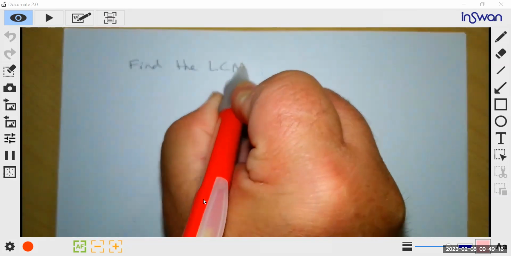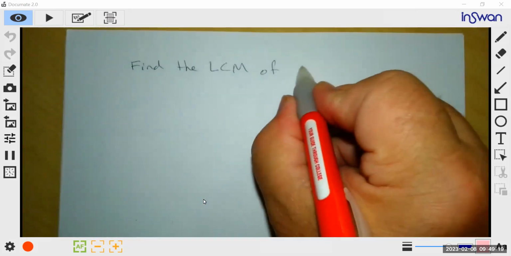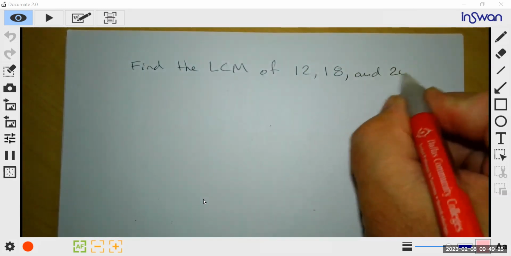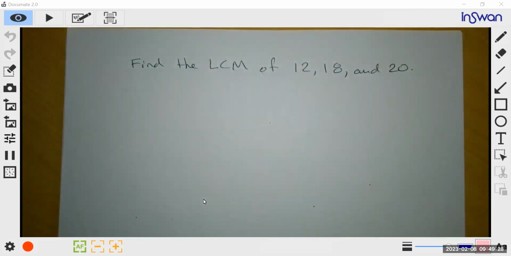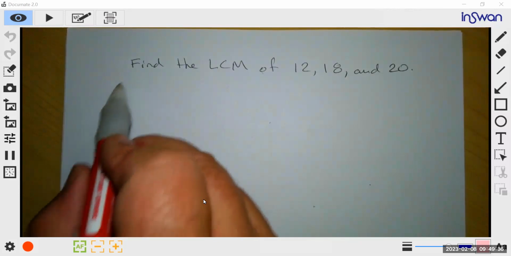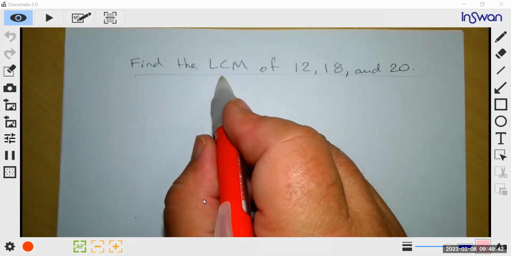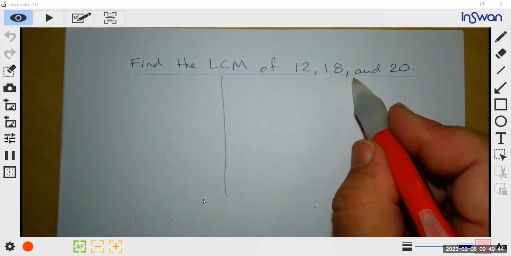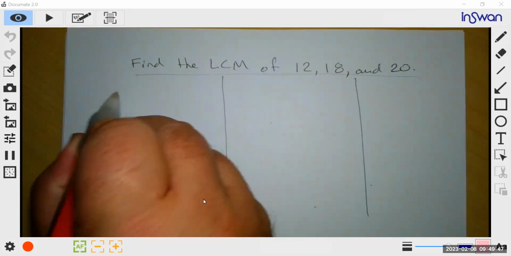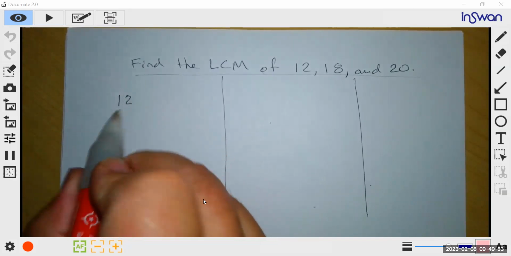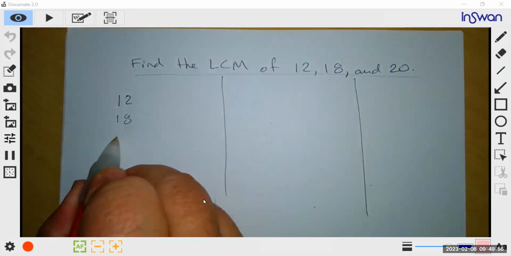Find the LCM of 12, 18, and 20. Twelve, 18, 20.